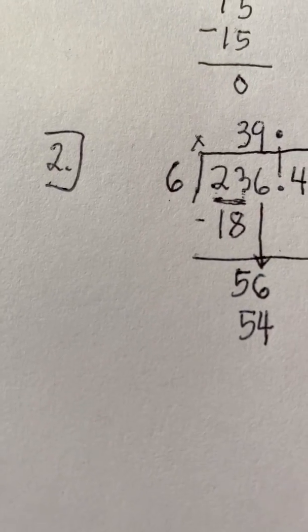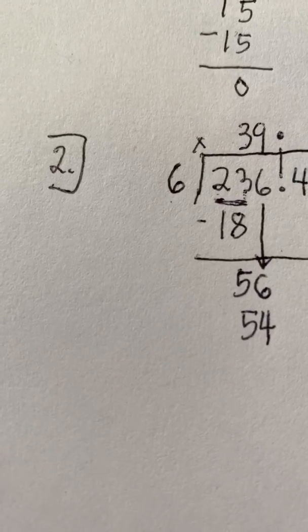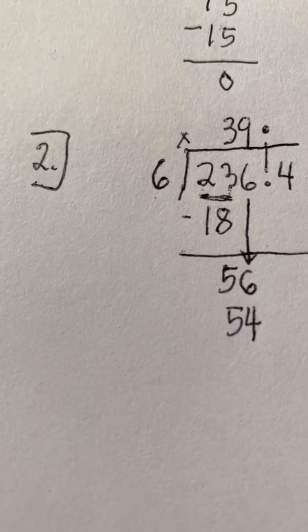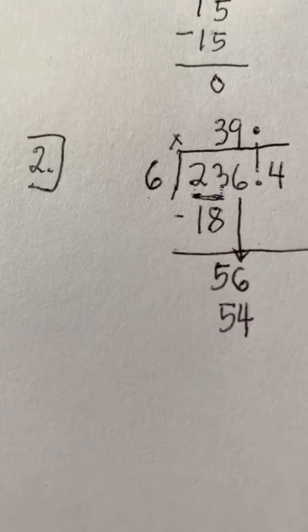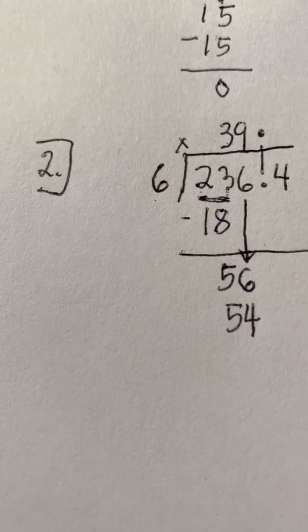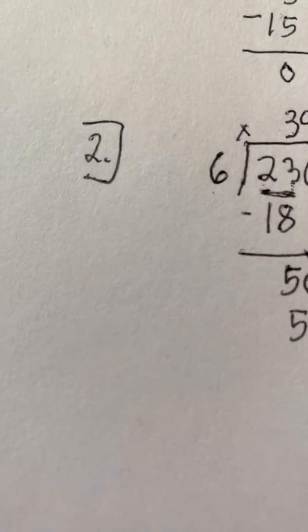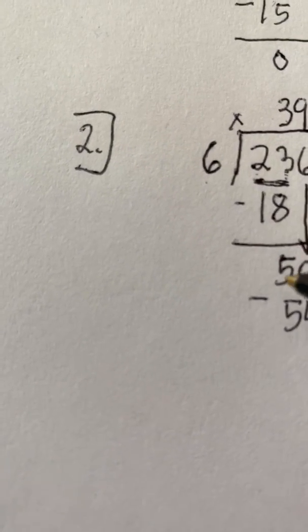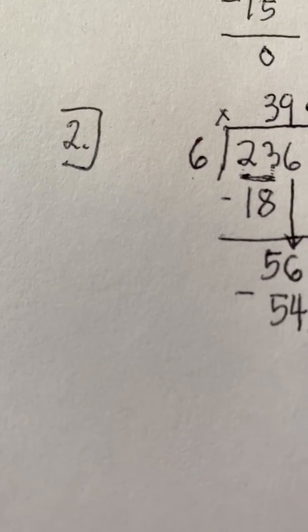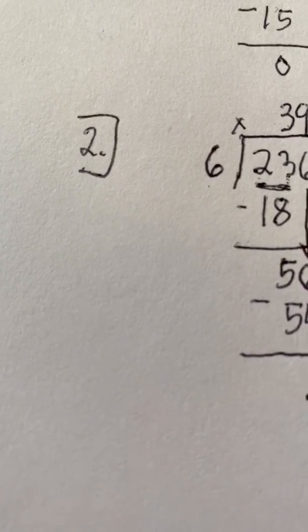My multiplication table says 9 times 5 is 45. 9 times 6 is 54. So that is how the multiplication table becomes handy when we are dividing. So next step is to subtract. So we will have 56 minus 54, or you can say 6 minus 4 is 2.